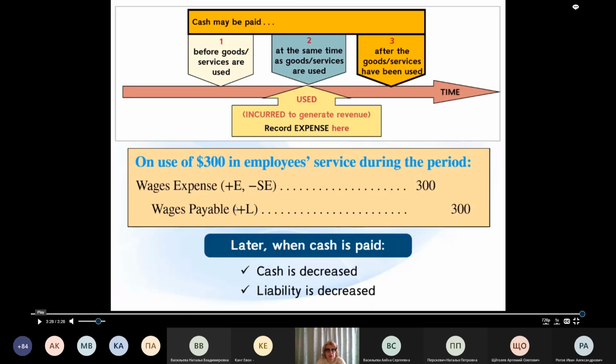This is why expenses are always corresponded with payables. Wages expense, wages payable. Tax expense, taxes payable. And this is why we recognize liabilities as an obligation to make a payment in the future. And later, when cash is paid, we should recognize cash decrease on credit and liability decrease by debit.